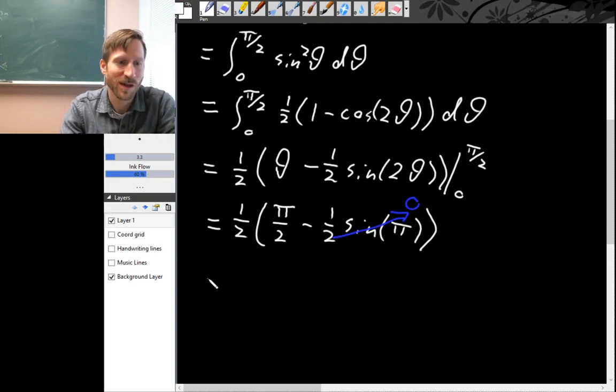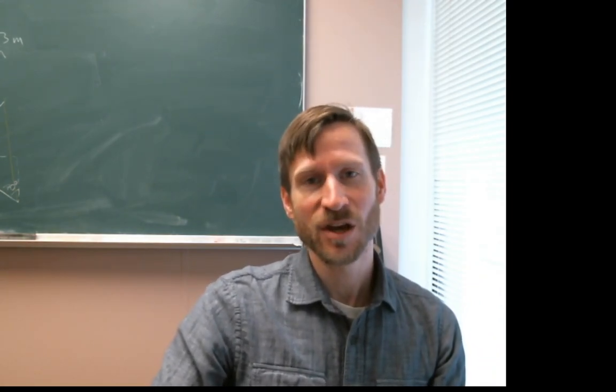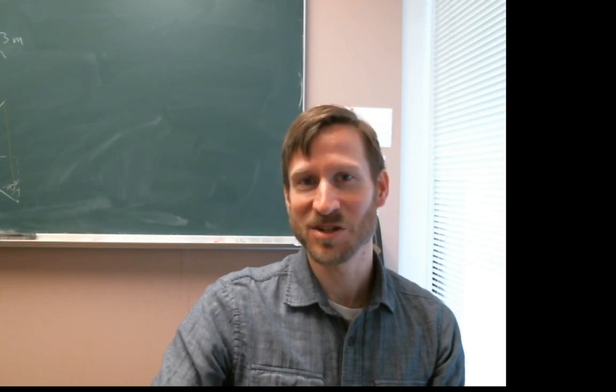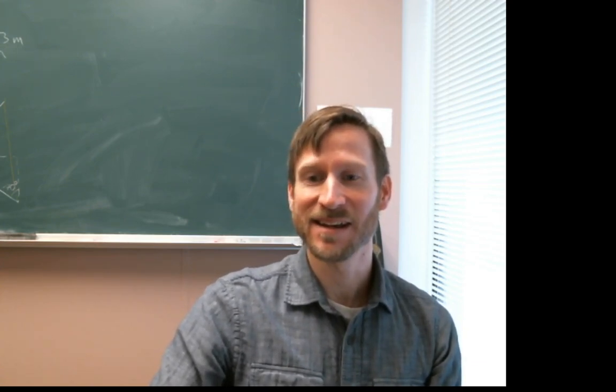So this whole thing becomes 1/2 times pi over 2, so that's pi over 4. And that's it. There are a couple other situations where the integrand gives us a hint for what is the appropriate substitution to make, and we'll look at another example of that in a minute.